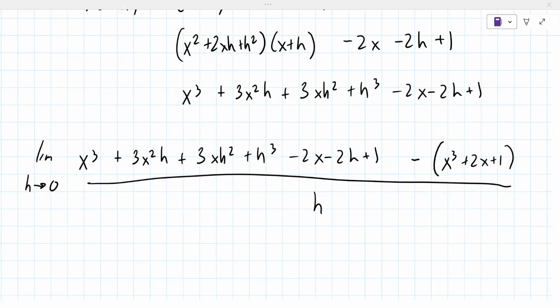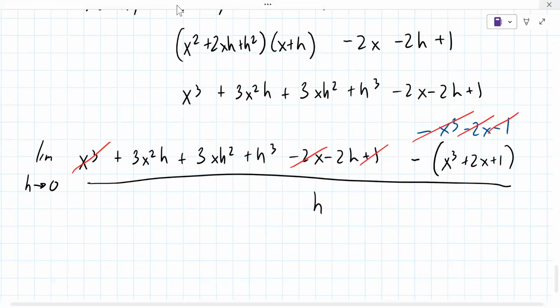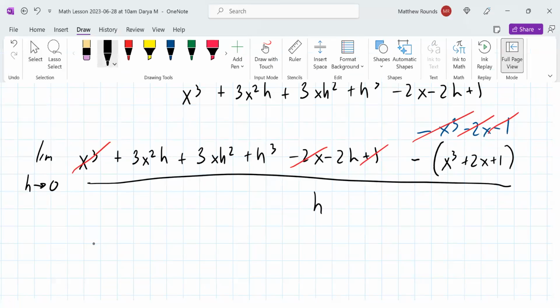So the next thing here is to subtract out. Let me do it in blue. Minus x cubed minus 2x minus 1. And then you do this. Subtract, subtract, subtract, subtract like that. And then everything that's left has an h in it.